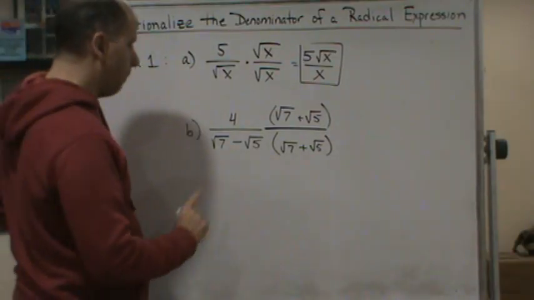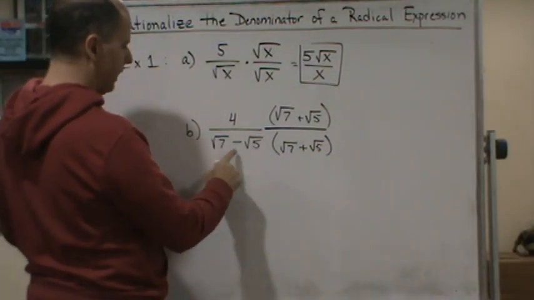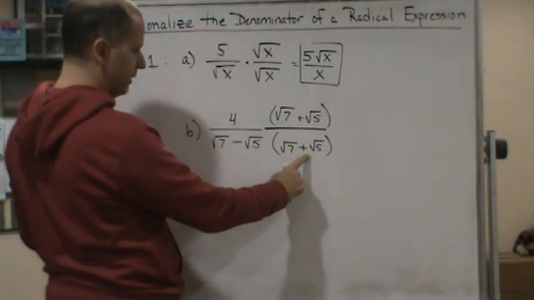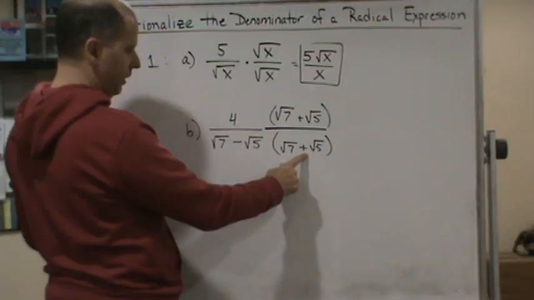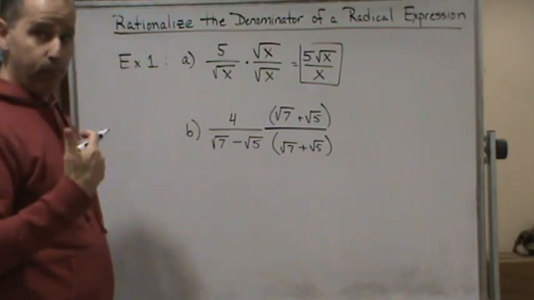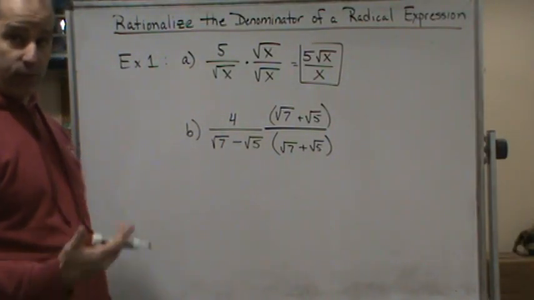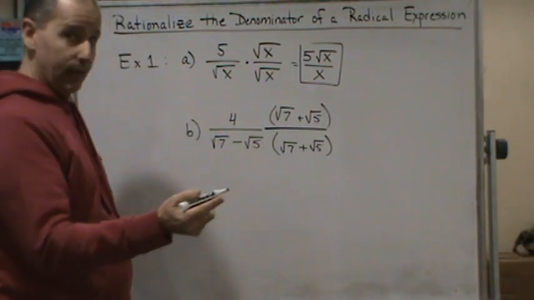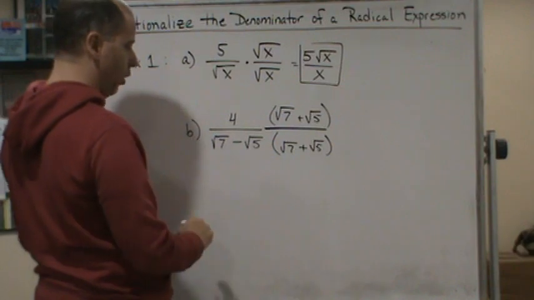By doing this, we're going to end up getting rid of the radicals, because we have a difference of 2 squares. This is how we're basically manufacturing a difference of 2 squares, and so the middle term is going to fall out, and the radicals are going to go away.